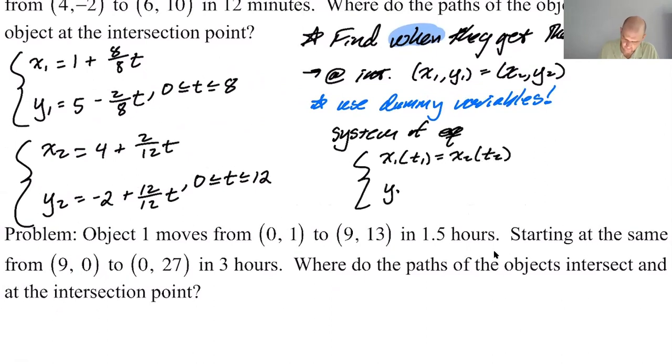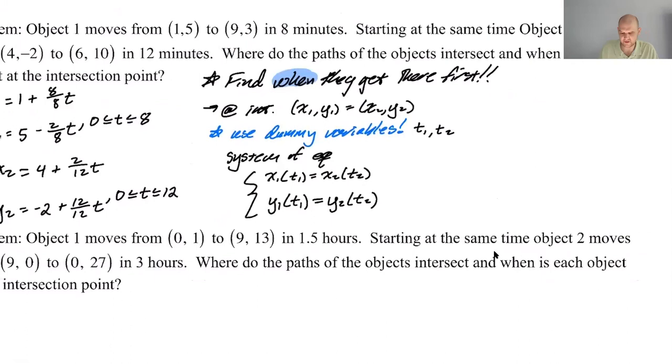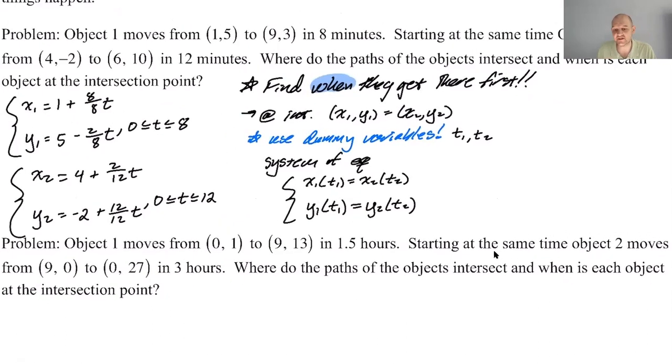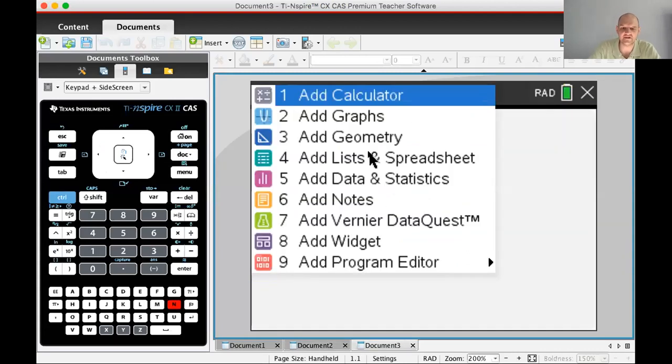And then y1 of t1 should equal y2 of t2, right? So t1 and t2 are our dummy variables. I'm going to solve this system, and I'm going to let the calculator do it. So let's go to the calculator and see how that will work. I just don't want to do it by hand. Also, I kind of know the answer, which doesn't help at all.